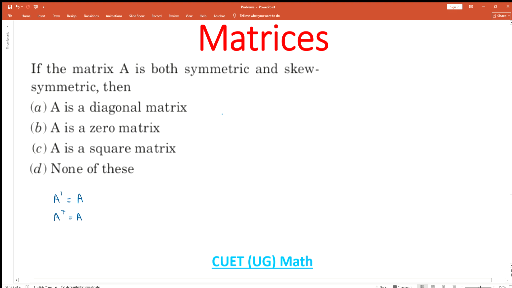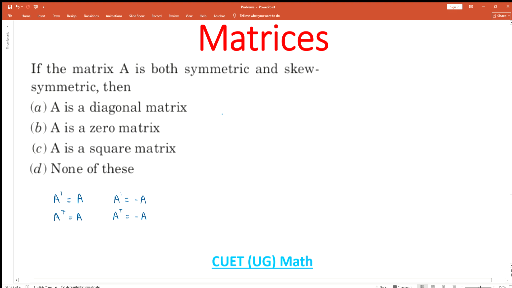That means the transpose of matrix A is equal to negative matrix A. So we can write it as A prime equals negative A, or A with the superscript T equals minus A. So if matrix A is both symmetric and skew symmetric, then it should satisfy these two conditions.